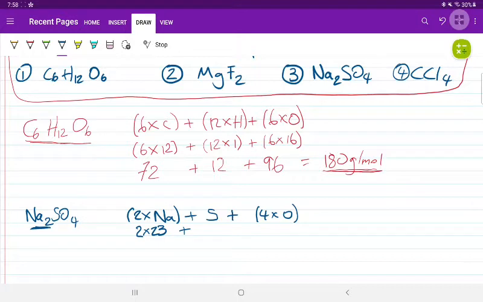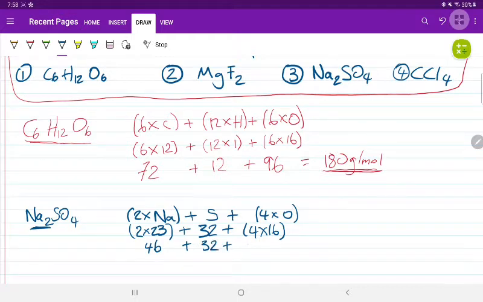If you know them, and some of them you will know them, it will make it easier for you. It will make it quick. You can move through the questions quicker because you won't have to be searching for the masses, but you will get the masses. Okay? So the mass of sodium is 23. So it's going to be 2 multiplied by 23. The mass of sulfur is 32. And then oxygen has a mass of 16. So 4 times 16. 2 times 23 is 46 plus 32.